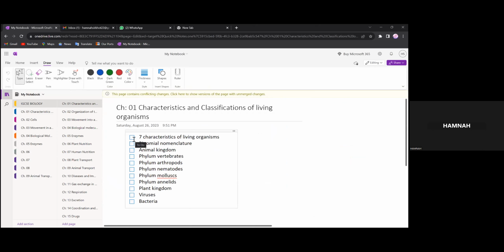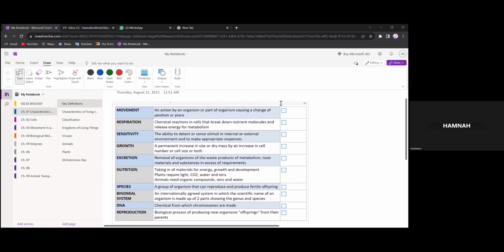Movement, respiration, excretion, reproduction, growth, and nutrition. We've gone through movement, respiration, sensitivity.